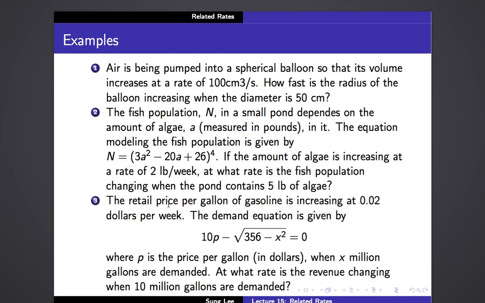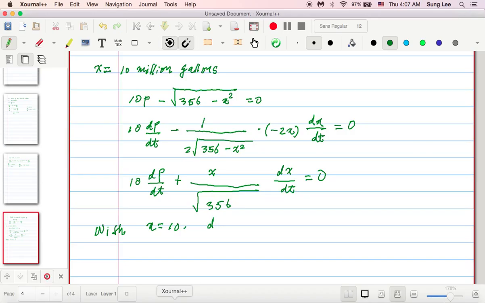Oh, we know dp/dt, we don't know dx/dt. I think I misspoke earlier, but dp/dt, the retail price per gallon, is increasing at 0.02, so positive 0.02 dollars per week. We are trying to find dx/dt, so our calculation is correct, but I misspoke about what's known and what's not known.